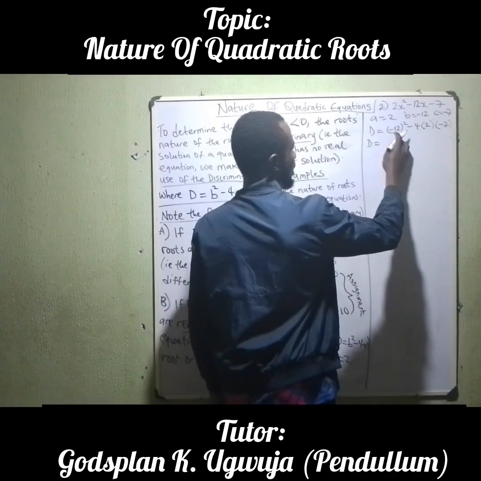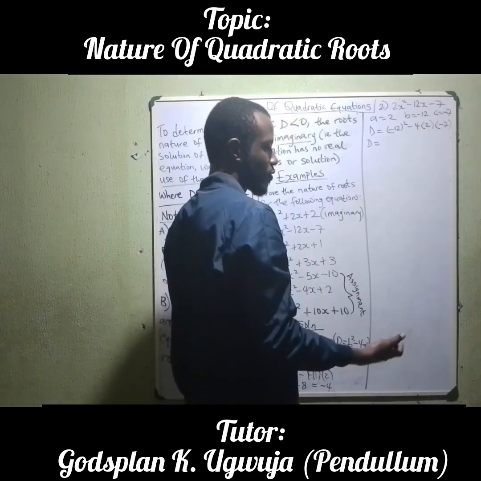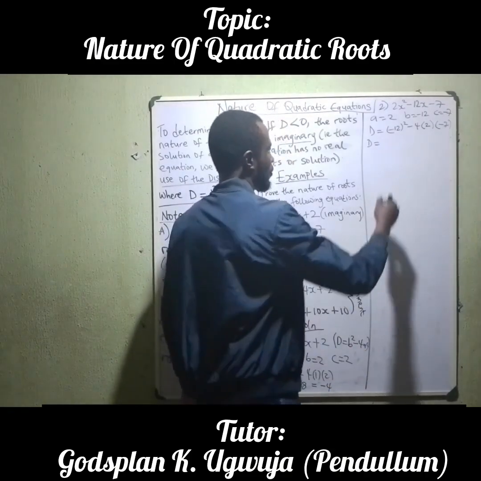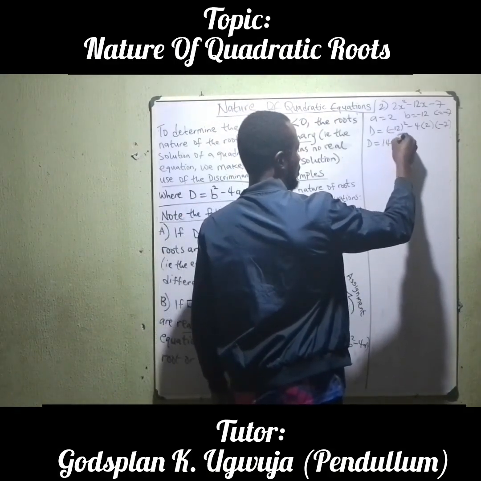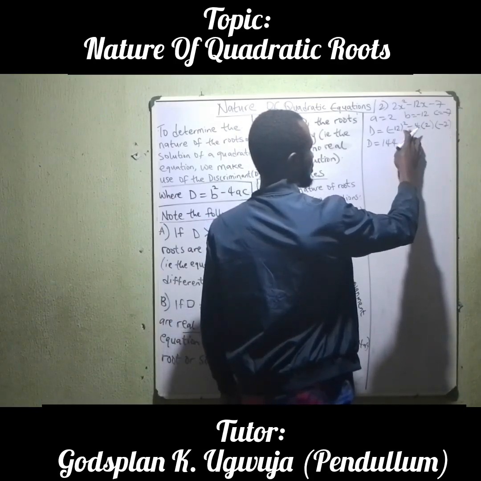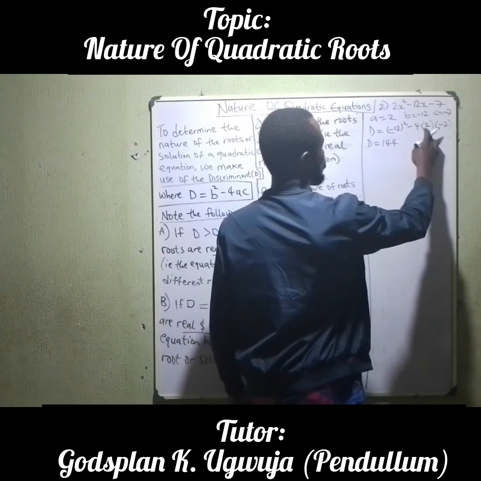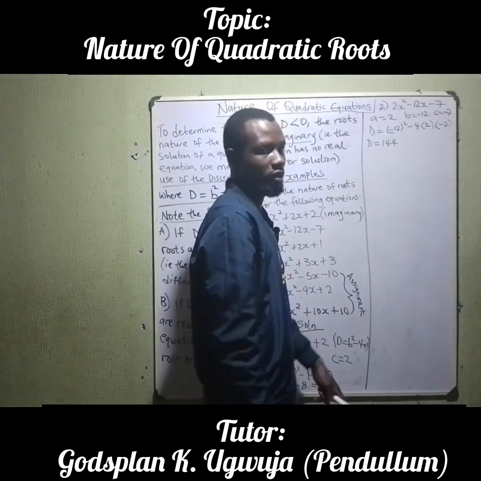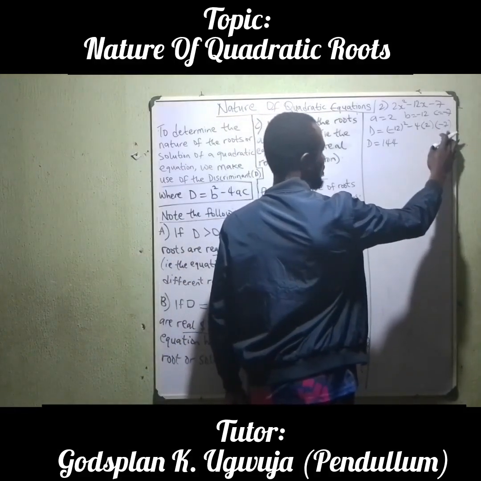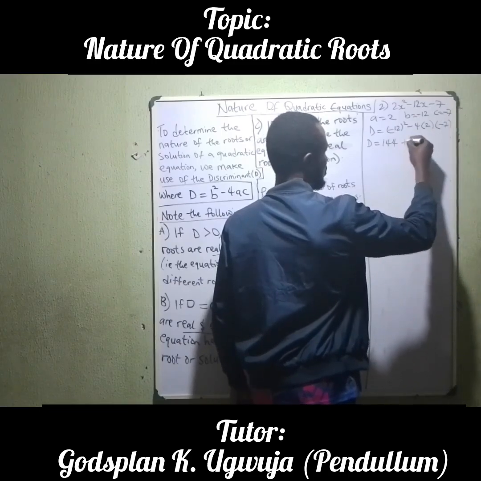d is equal to minus 12 squared, that's minus 12 times minus 12, which will give you positive 144. Then here you have minus 4 times 2, that's minus 8. Then minus 8 times minus 7, minus minus is plus.